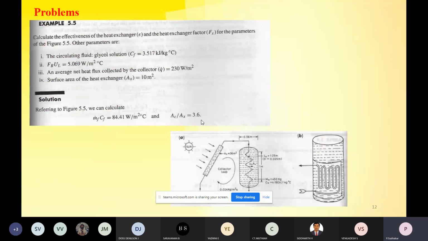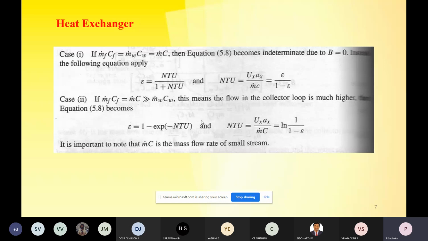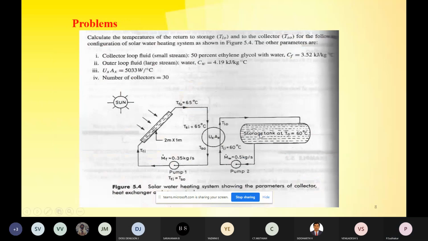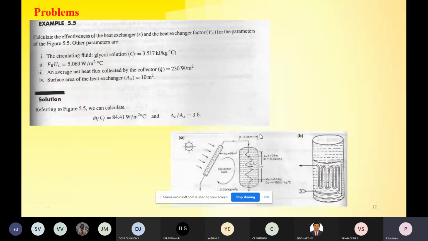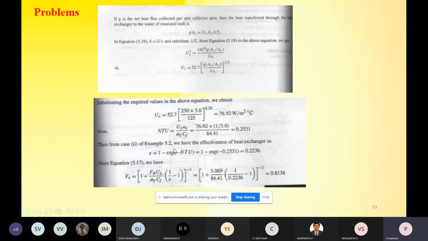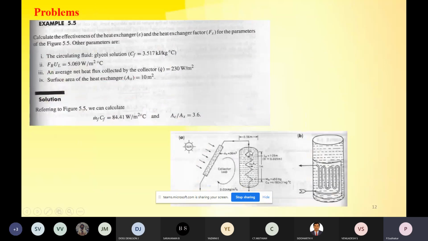So the second case we have taken as this equation, effectiveness equal to 1 minus exponential of minus NTU. So NTU also we have calculated, UX AX by M dot C. So with the help of that case, we have taken this equation and solved the effectiveness. So what is the question? Effectiveness we have found out, and the heat exchanger factor is what we have derived here.